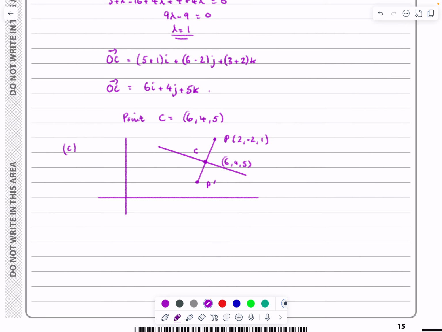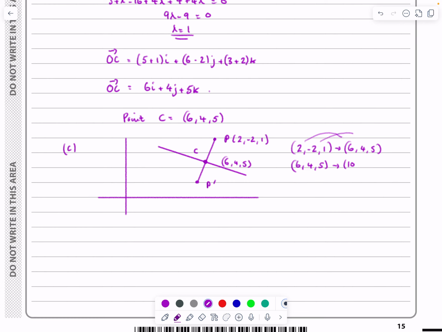So I do these really quick. I know you can do it with vectors, but I just simply say, okay, if I've got 2, -2, 1, which goes to 6, 4, 5, I'm then just going to go 6, 4, 5, goes to P dash. What have I done each time? Well, I've added 4 on there, so I need to add 4 onto my x value.